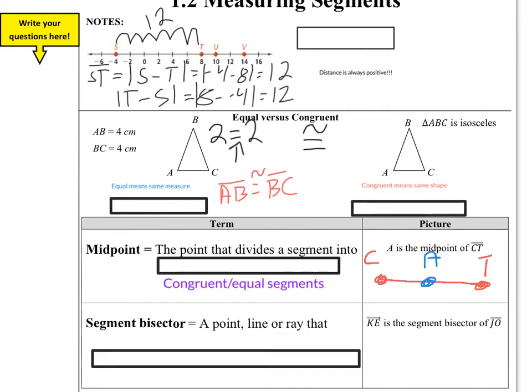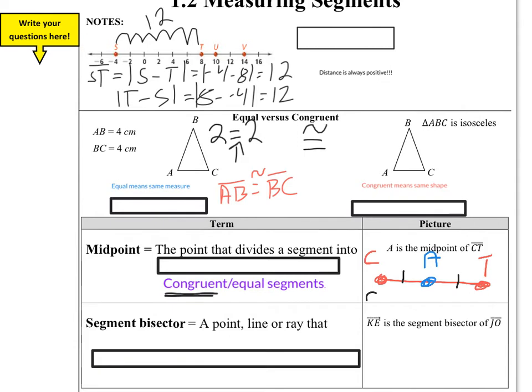Now we have a special way to show that pieces are congruent in geometry. If we're looking at a line segment, all we have to do is draw a little hash mark on each of those lines. So that means that segment CA and segment AT are congruent.